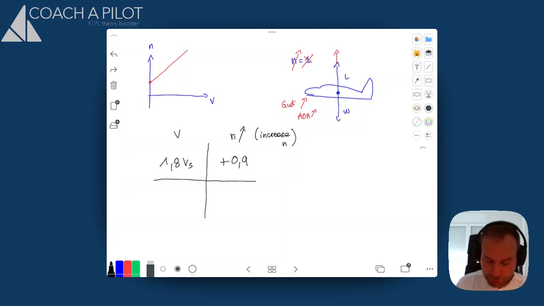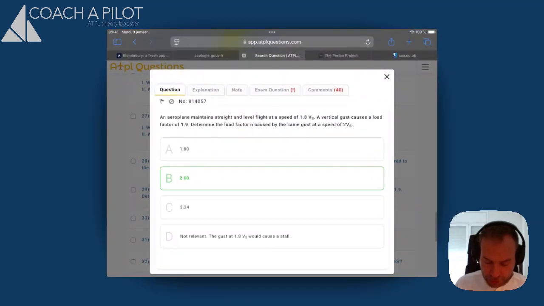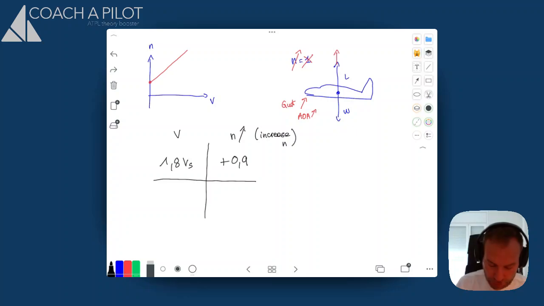Because the new load factor will be 1.9. All right, so then the question asks about the effect of the same gust that would be experienced at a speed of 2 Vstall. So here we have 2 Vstall. So then it's just a proportional calculation of increase of load factor.